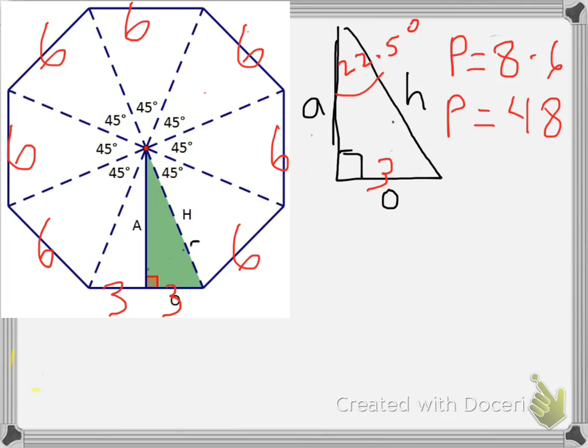So let's figure this out. I have the opposite. I need the adjacent. Which of our trig functions has O and A in it? So let's go back and write them out. SOH CAH TOA.